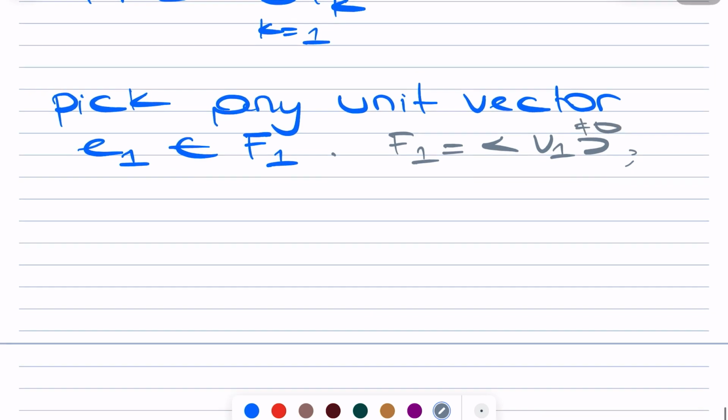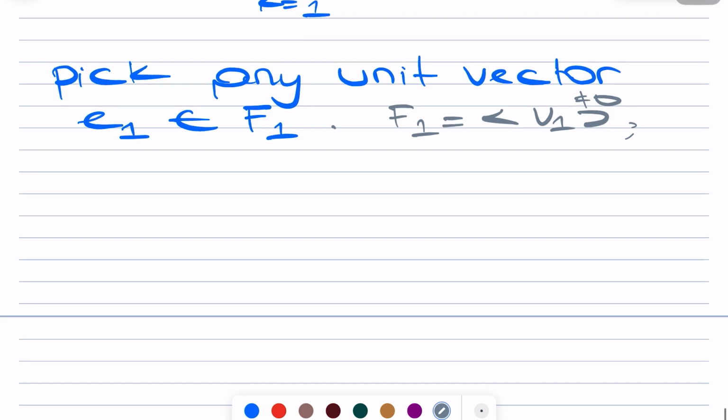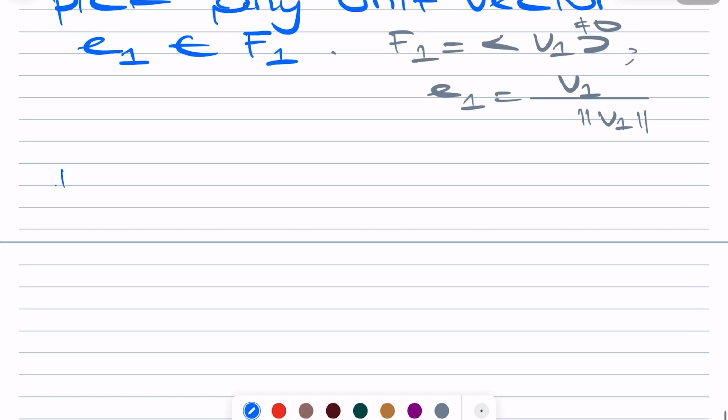You can construct the sequence in such a way that all the v_n are different from 0. So you can take e_1 to be exactly v_1 over the norm of v_1, which is a unit vector. Now, if F_2 is different from F_1, there is some vector e_2 in F_2 such that e_1, e_2 is an orthonormal basis of F_2.